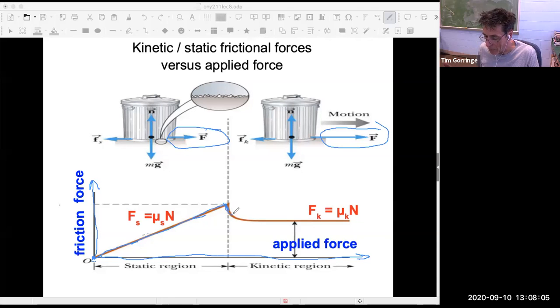And then after that point, well, the harder I apply my force, the kinetic frictional force is now always constant. It just takes this value here. And so this graph here is really a picture of the fact that this would have been better to put this is less than or equal to that.